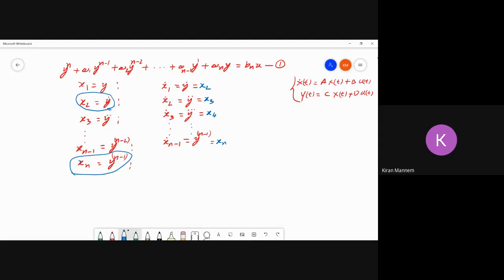Now what about this x dot n? x dot n, obviously it would be y to the power of n. So what is this value?